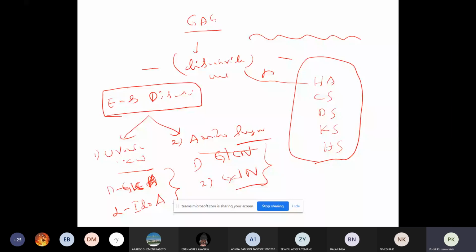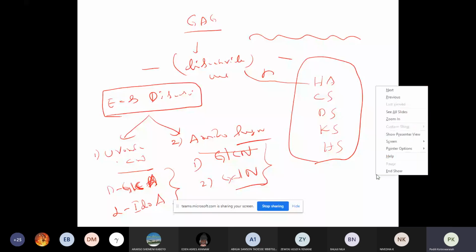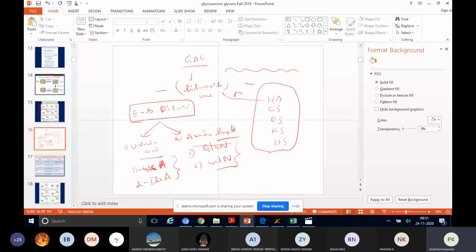The commonly found uronic acid is glucuronic acid or L-iduronic acid, and the amino sugar is glucosamine or galactosamine. So now we will discuss one by one in detail hyaluronic acid, chondroitin sulfate, dermatan sulfate, and keratan sulfate in the afternoon class.